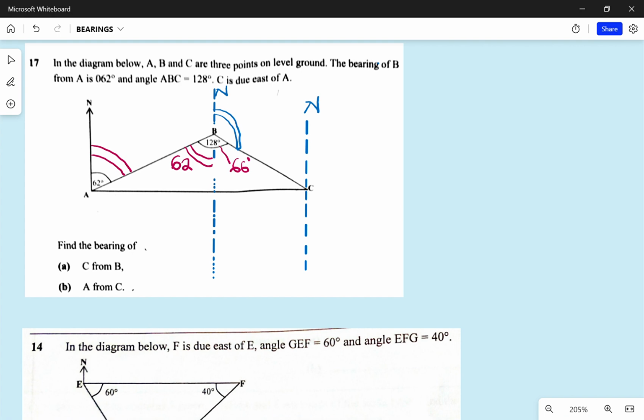Now I know that angles on a straight line add up to 180 degrees. You will discover that here, this is my straight line in blue there. This is my straight line, okay. So angles on this straight line add up to 180 degrees. So for me to get now the bearing of C from B, I'll simply subtract.